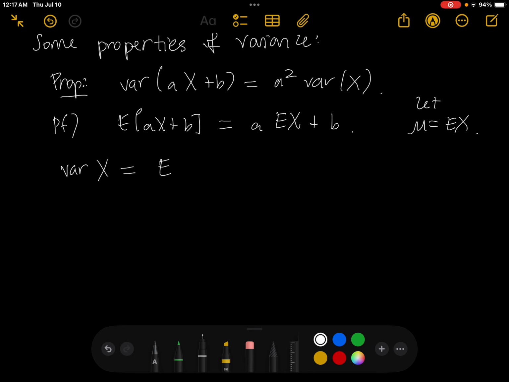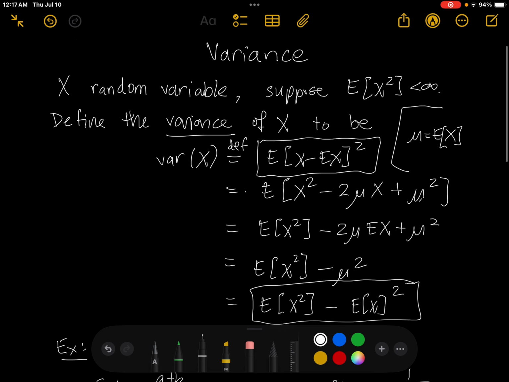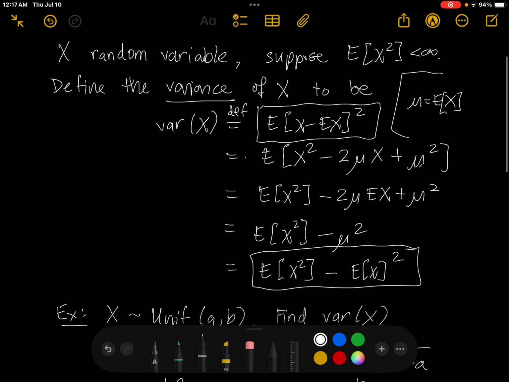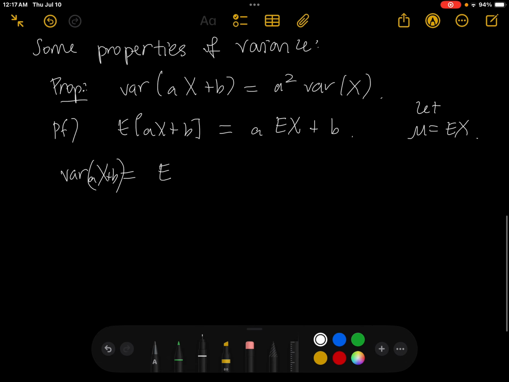Now here I'm going to use the other characterization of expected value, the one in the definition. It doesn't really matter which one you use, but one of them will probably be easier than the other. So I'm going to use the first one for this.